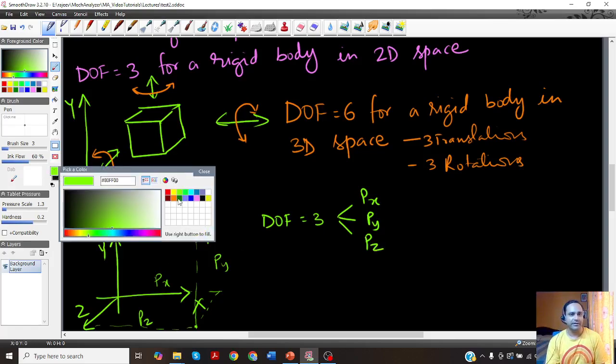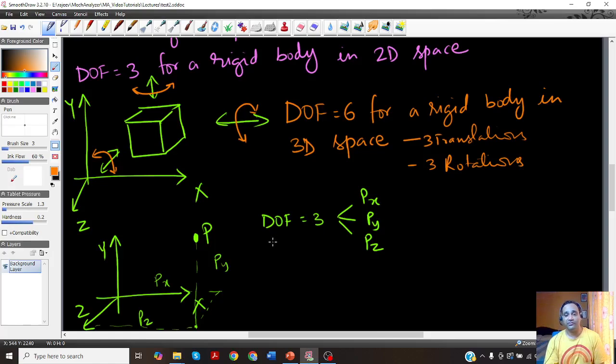Another way of looking at degree of freedom is how many motions are possible. That means I can translate along X, I can translate along Y, I can also translate along Z. So the degree of freedom is also 3 when you look at 3 motions: translation along X, Y and Z. Okay, so we have covered very briefly what the degree of freedom is.